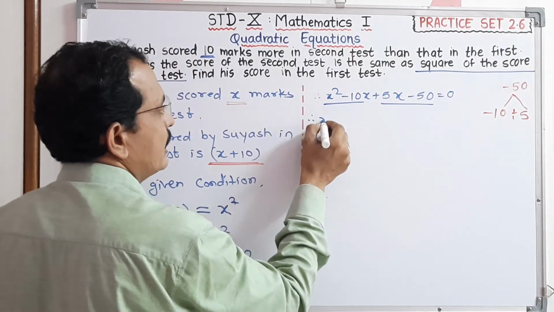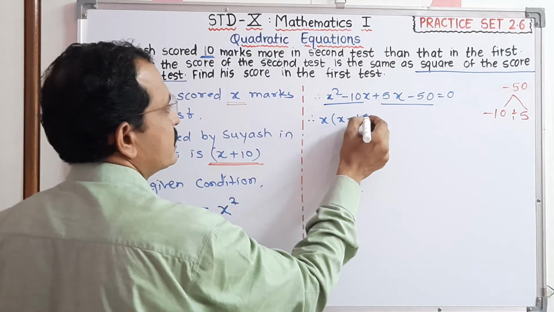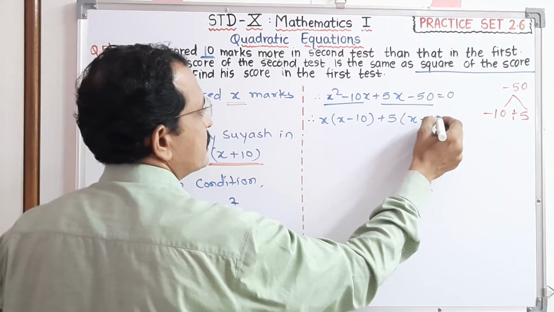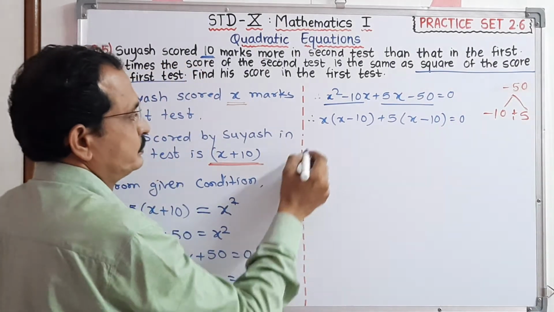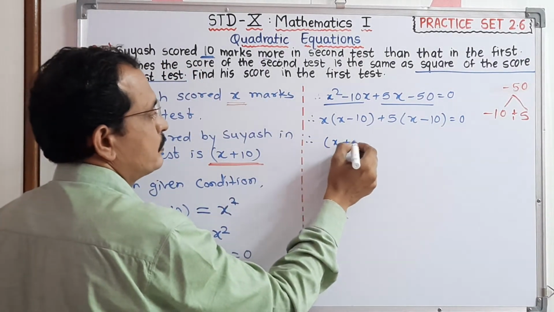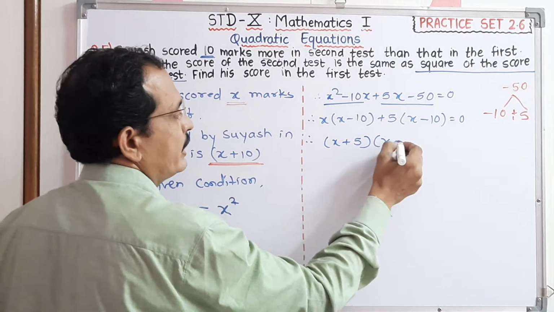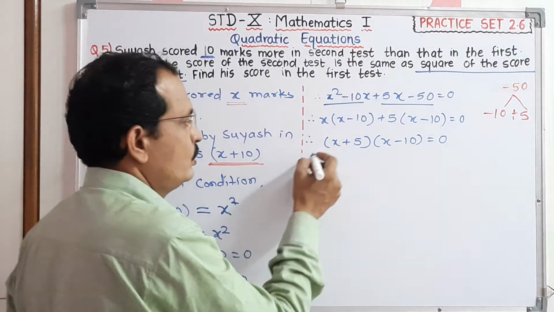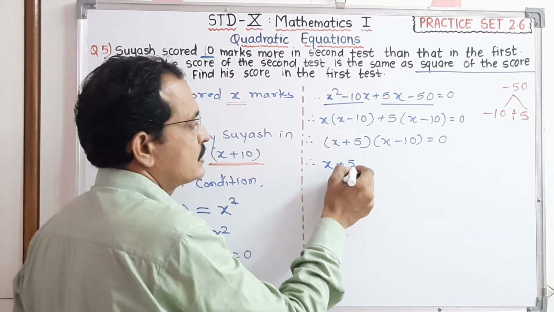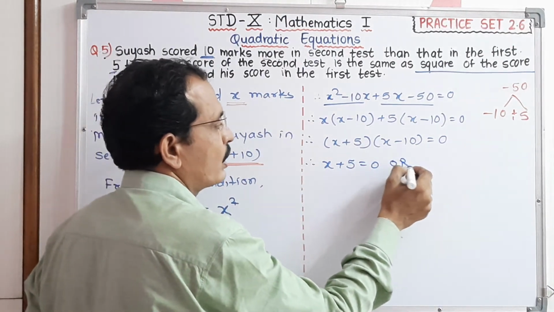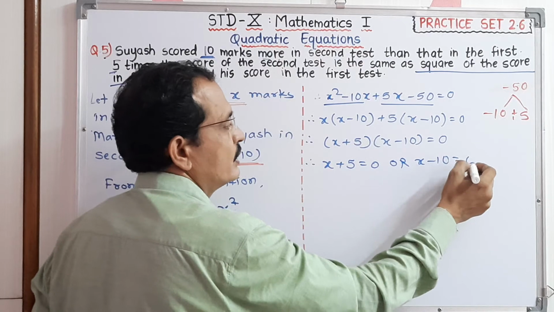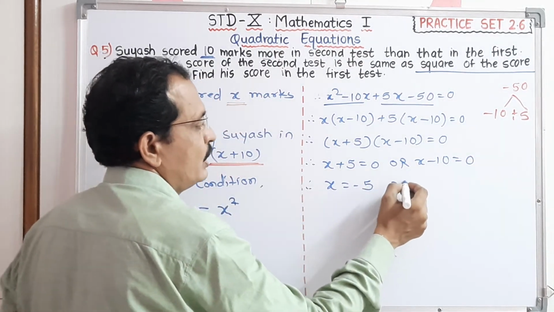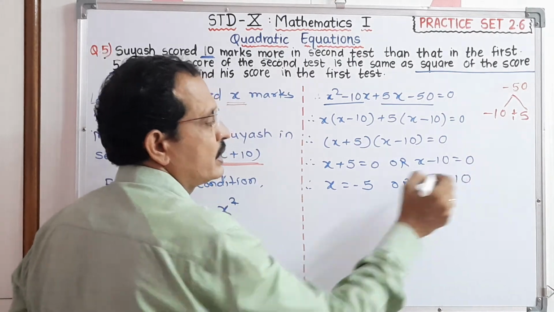Then x into x minus 10 plus 5 into x minus 10 equal to 0. Here it is x plus 5 and x minus 10 equal to 0. Now x plus 5 equal to 0 or x minus 10 equal to 0. Therefore we got x is equal to minus 5 or x is equal to 10.